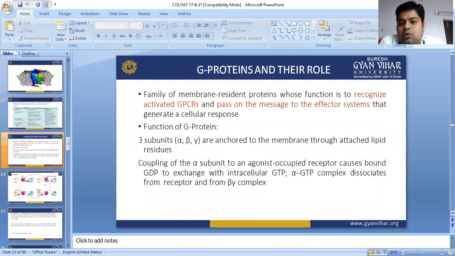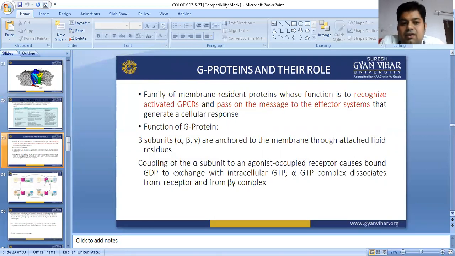G protein and their role. What is the G protein family and what is their role? So we need to understand this part. It is a family of membrane resident proteins whose function is to be activated by GPCR and pass on the message to the effector system to generate a cellular response.